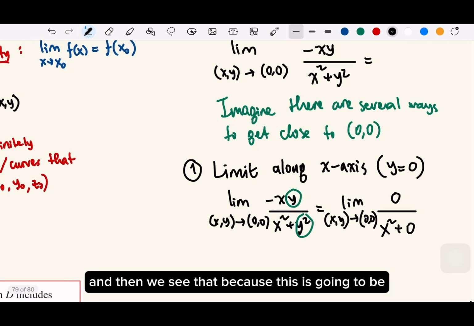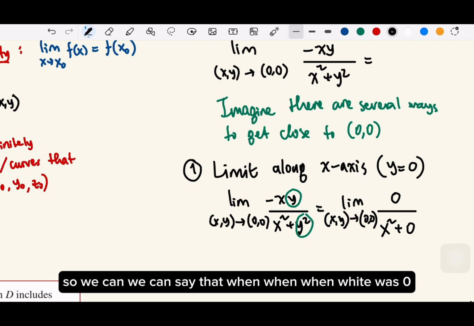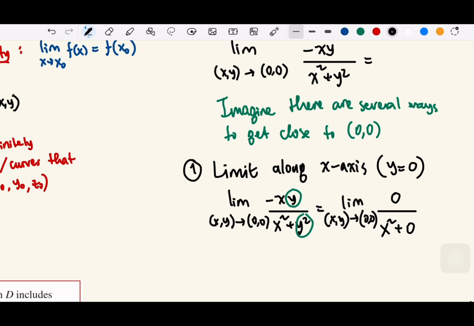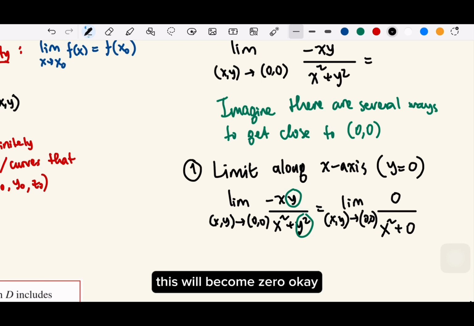And then we see that because this is going to be 0 first, before we take the limit, this is already 0. So we can say that when y equals 0, the whole limit becomes 0, okay. This will become 0, okay.